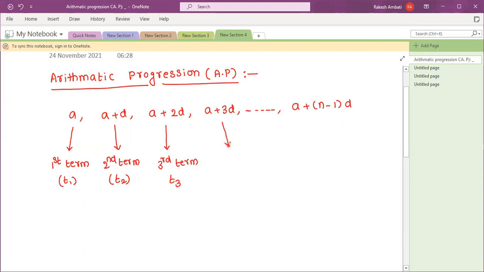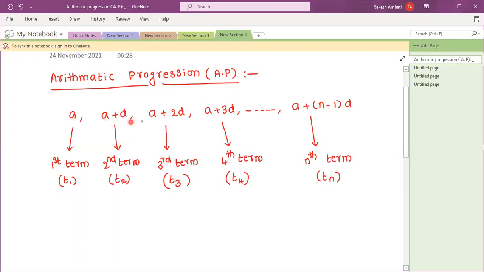This is the fourth term, T4. And this is the nth term, represented by Tn.